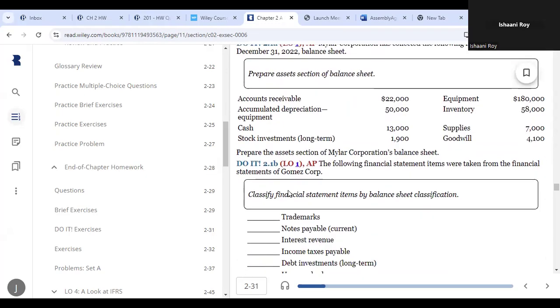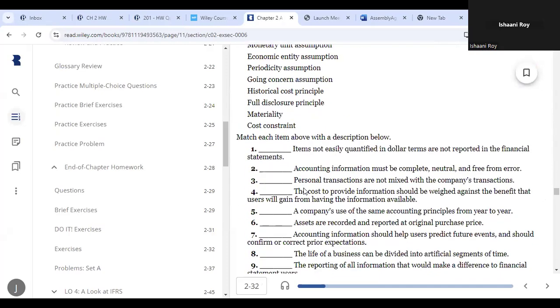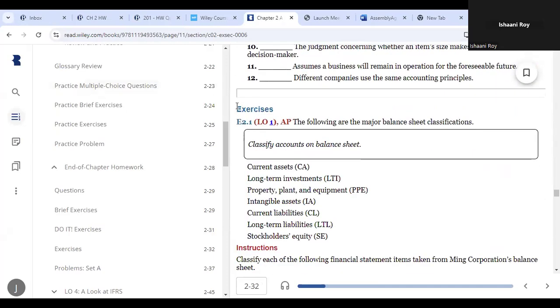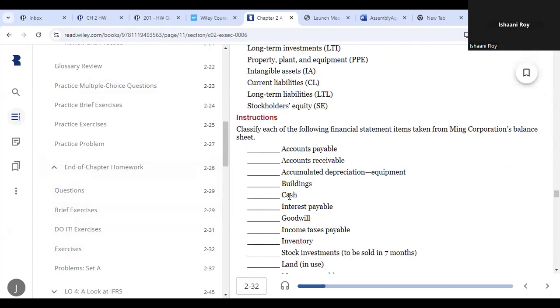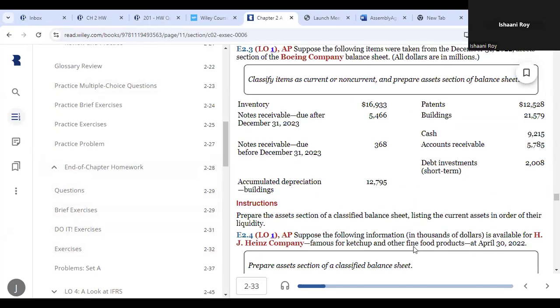And that's so much better than just opening it up and working on it. Keep going, and then the exercises start. And you can come on the side and just click there too. So we have exercise 2-1. And you can see a lot of it is back to the classified balance sheet. All right, does that help? Yeah, that helped. Thank you.